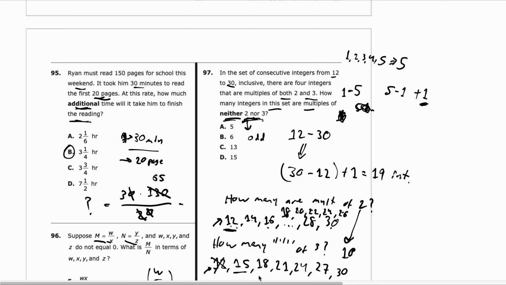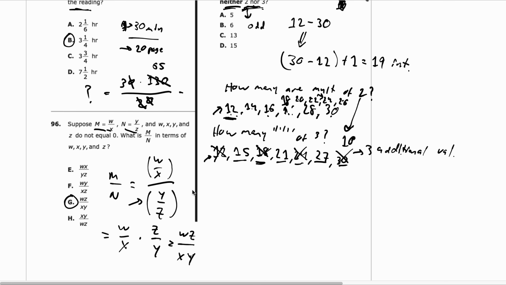So we have 1 here. But 18 wouldn't work either, because we counted it here. And then 24 doesn't work because we've already counted it right there. 27 works, 30 does not work. We already counted it. So we have 3 additional values. Therefore we have 10 plus 3 is 13, which are either multiples of 2 or 3.